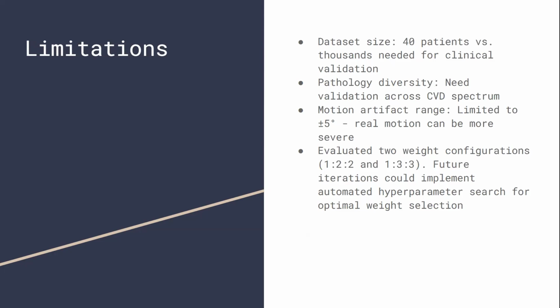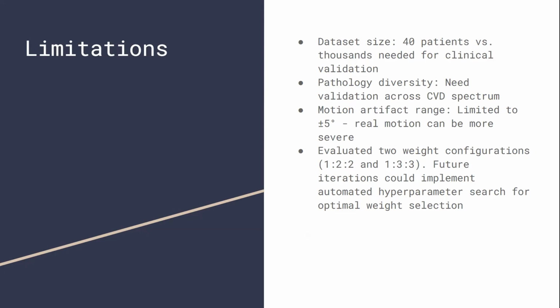Here are some limitations. First, the data set size is pretty small. We only have 40 patients versus the thousands needed for clinical validation. I forgot to ask about the pathology diversity, but I assume it's not that diverse, so we need validation across the cardiovascular disease spectrum.